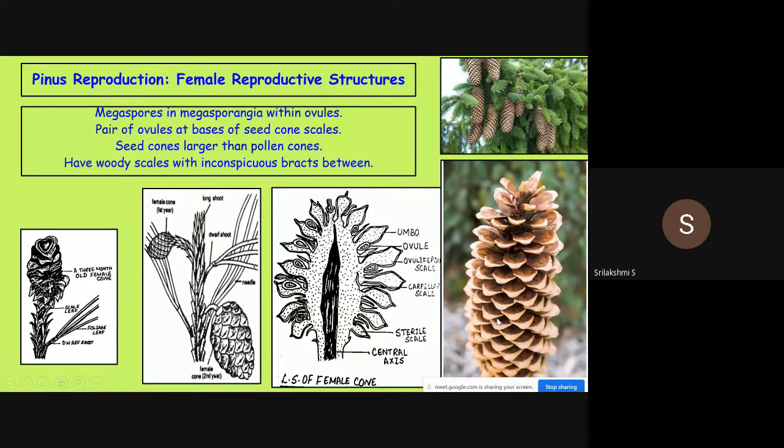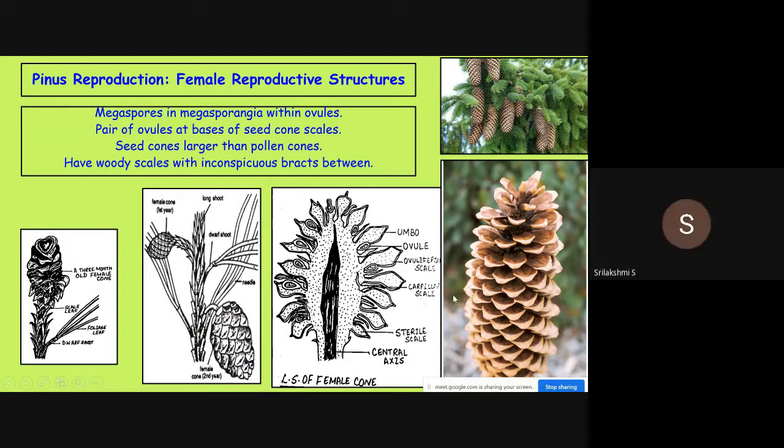Do you remember the two structures? The bract scale and the ovuliferous scale. Yes. The bract scale is the sterile scale. The ovuliferous or carpellary scale is the fertile scale, which will bear the ovule. So this much have you understood now?